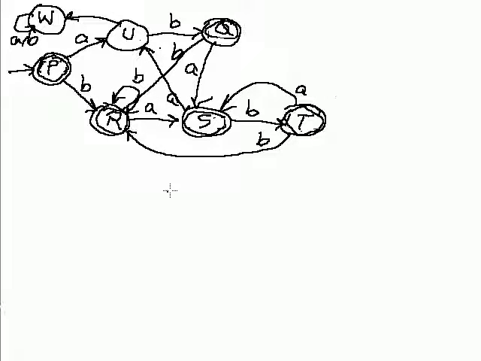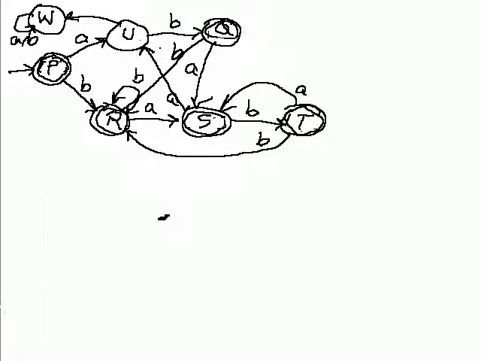Alright, so now minimization is the process of putting all your states into one container first and then dividing up, partitioning that set of states down into smaller and smaller subsets until you get all the way down to states that are serving the same purpose and can be combined.